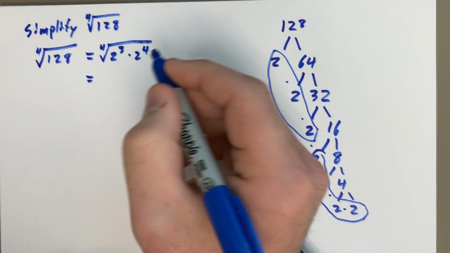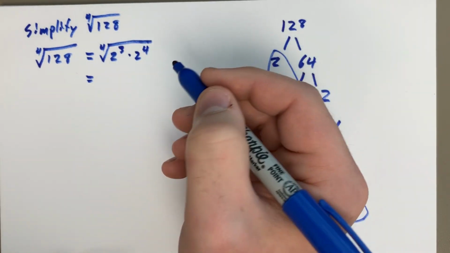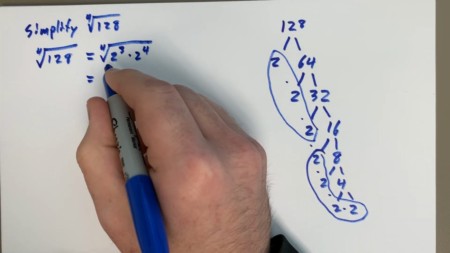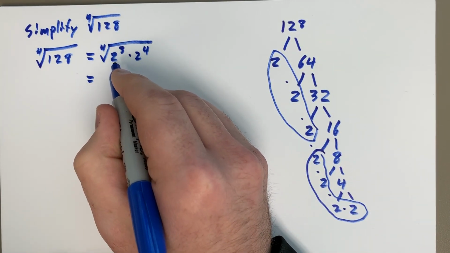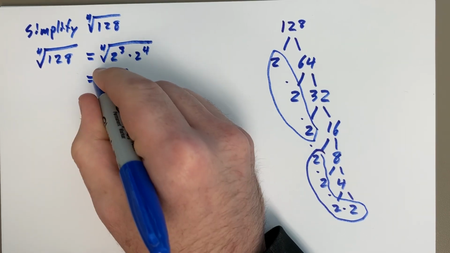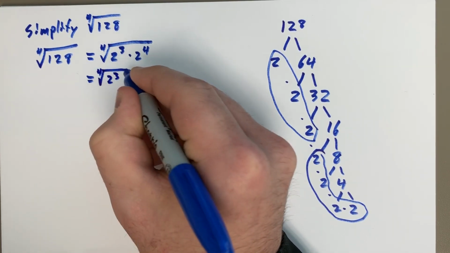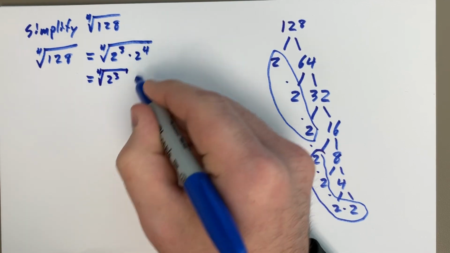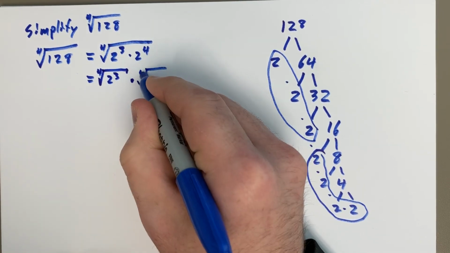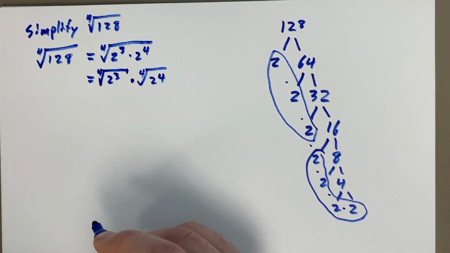But it's a power nonetheless, so I kind of think of it as the power rule. That's just me. Okay, so we have fourth root of 2 cubed. That's what we end up with now. So we're breaking this up over the product. And we have fourth root of 2 to the fourth. Okay?